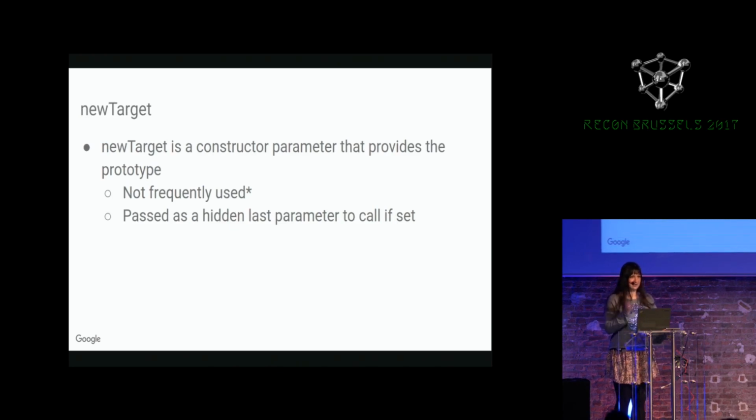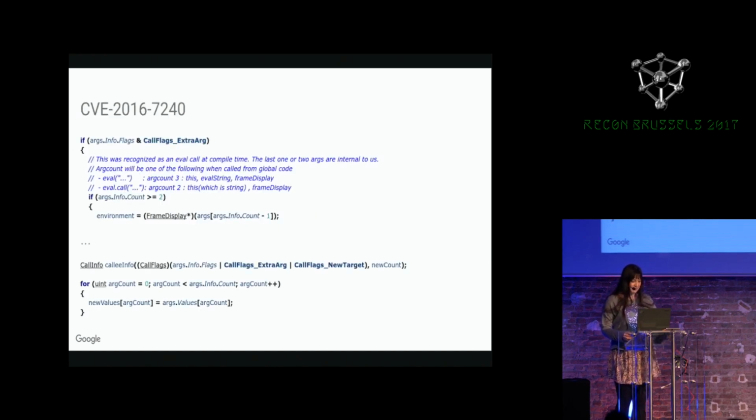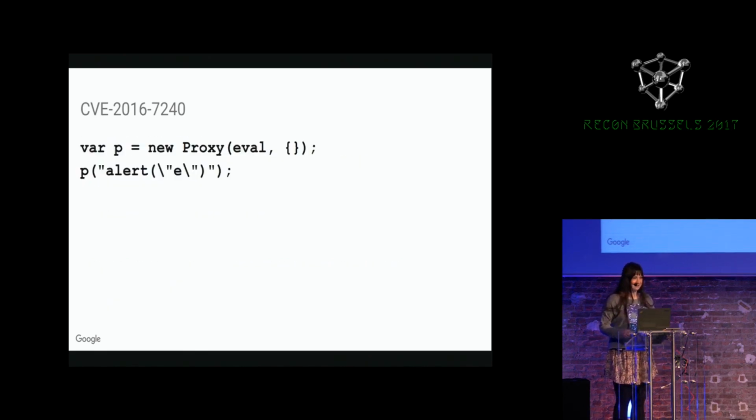So they'll push the extra parameter on the stack and then increment it and then have a flag, which was great. But unfortunately, another call also did this for something different. So this was a really fun bug. Basically, if you create a proxy which does new target on a eval, you'll get type confusion because an eval can also get an extra arg for another reason. I really like this bug because you can tweet it.